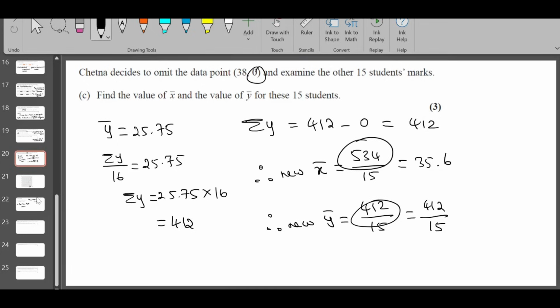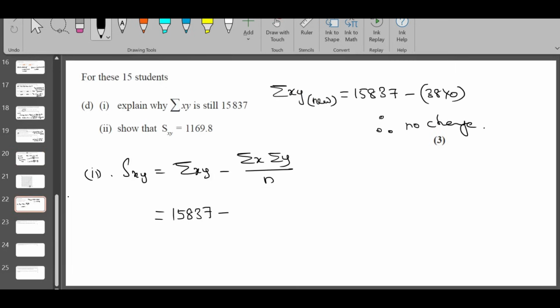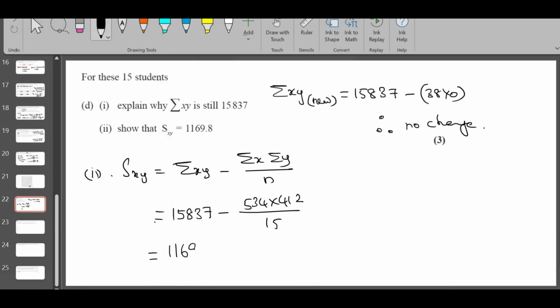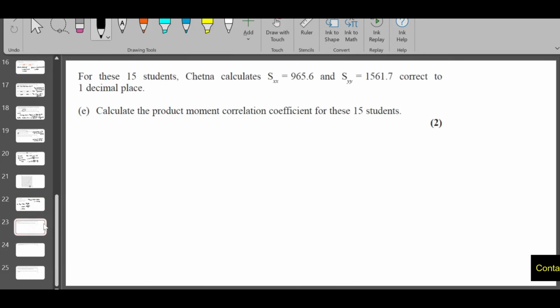That's the new sigma x and sigma y, right? 534 times 412 divided by 15. 15837 minus 534 times 412 over 15 gives 1169.8. That's all. Let's look at the next part now.